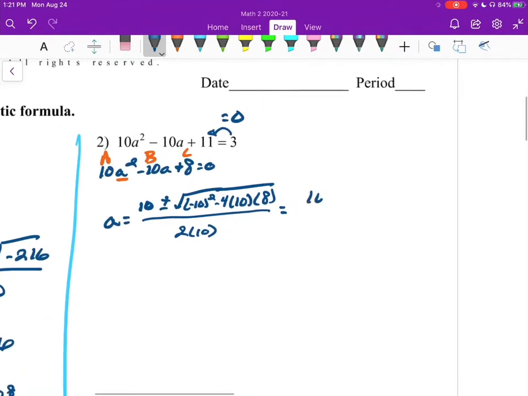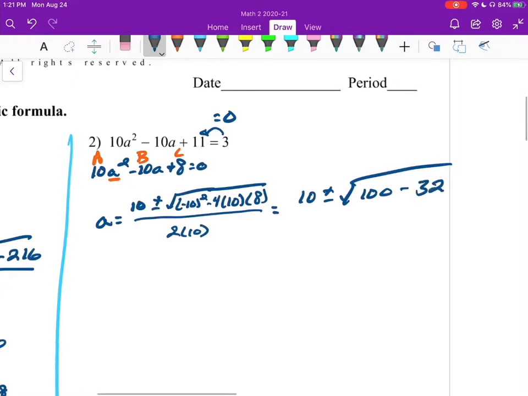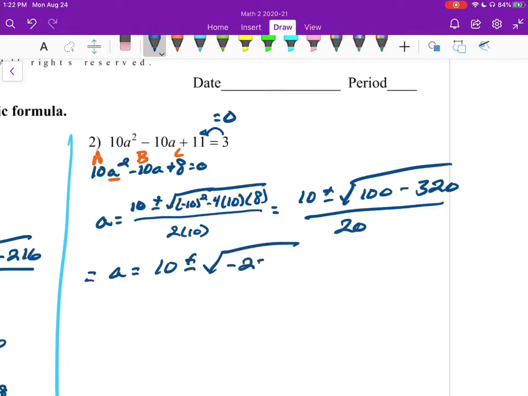So I've got 10 plus or minus, and then big root 100 minus, I think it's 220. Let me check. Or 320, 320, and then a 20 on the bottom. So I've got a equals 10 plus or minus root negative 220 all over 20.